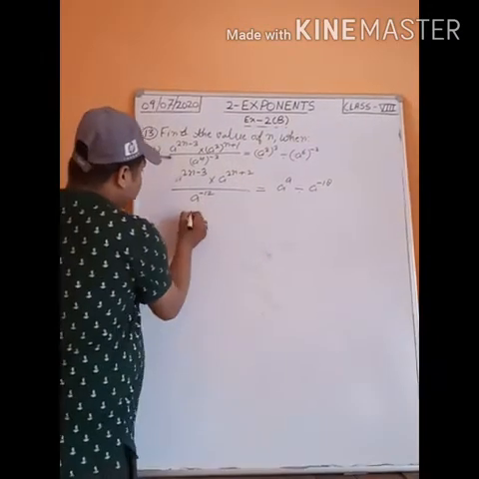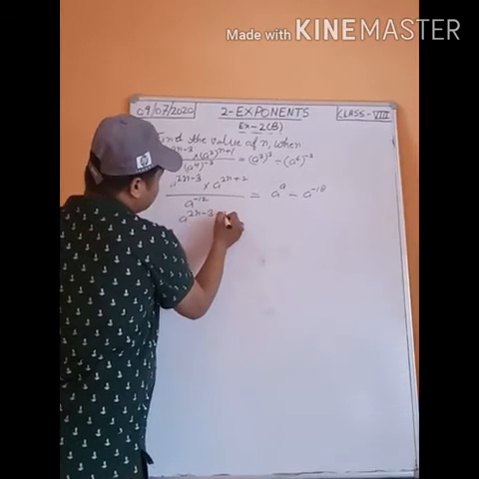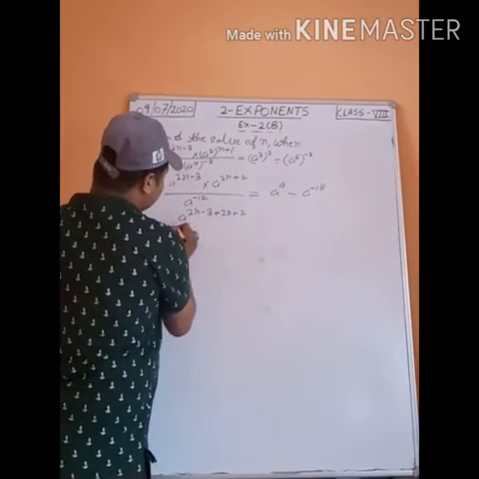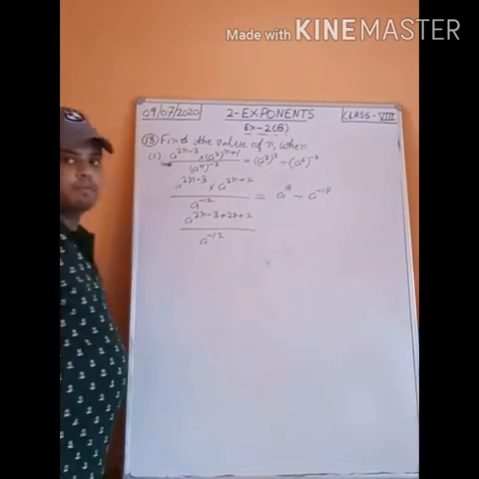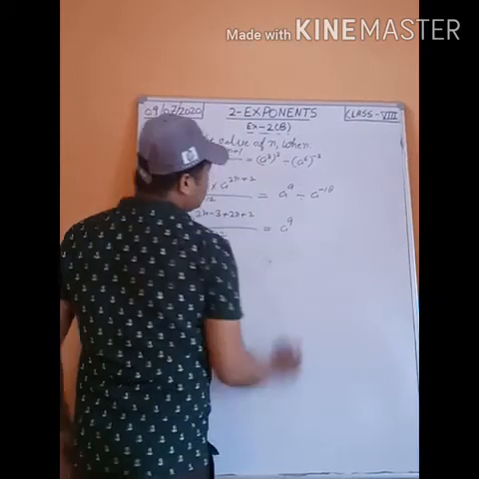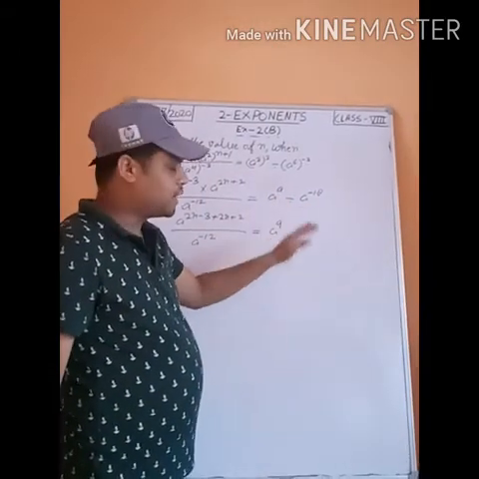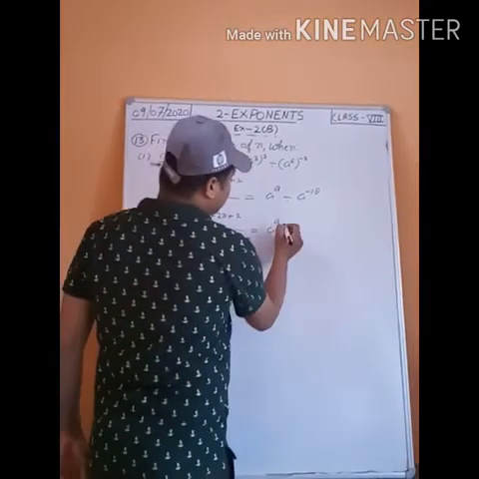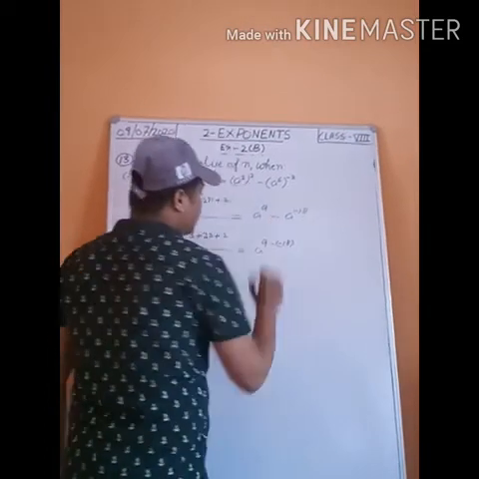So a raised to the power 2n minus 3 plus 2n plus 2 upon a raised to the power minus 12 is equal to a raised to the power 9. They both are in divide, bases are same, so we will subtract the powers. A raised to the power 9 minus minus 18 inside the bracket.